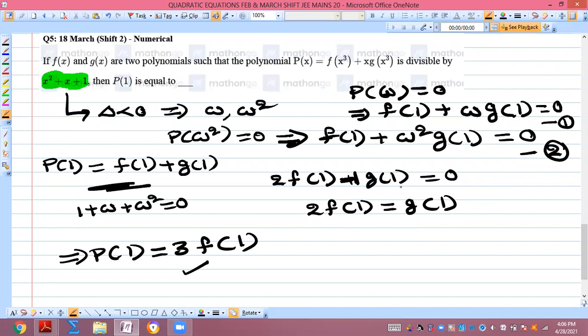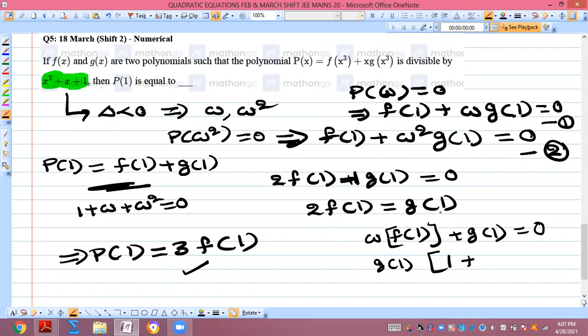So in the same way, equation 2, if I multiply with omega, that is omega into f of 1 plus omega cube, that is 1, so plus g of 1 is 0. Okay. So f of 1 is nothing but g of 1 by 2 only. So g of 1, if you take common, g of 1 is 2 times f of 1.